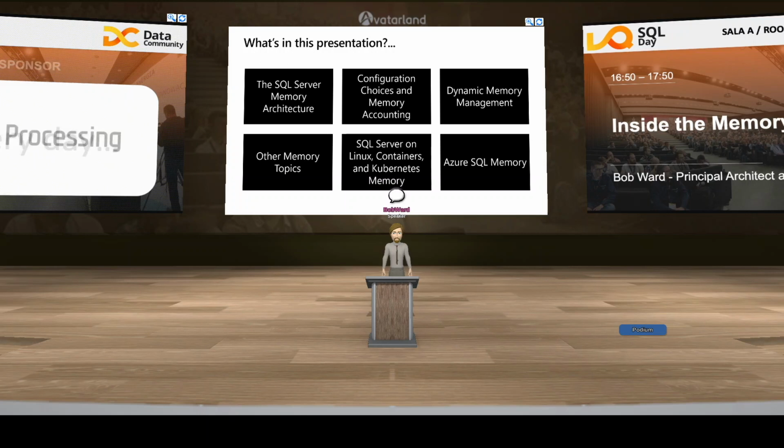We're going to explore how dynamic memory management works, a very important understanding and topic. I have other memory topics that I'll be covering about things like NUMA, etc. And then I thought it was important that if you're somebody who's a Linux user or a containers user, you can learn more about how that works. And then finally, we'll end by looking at Azure SQL and some of the differences that exist with Azure SQL.